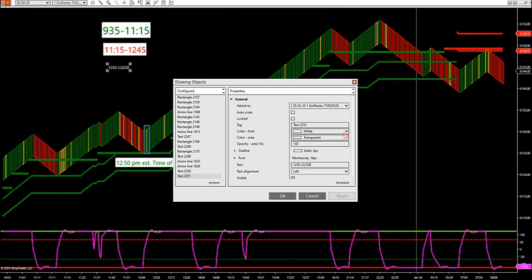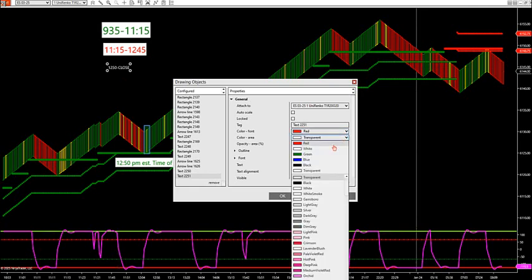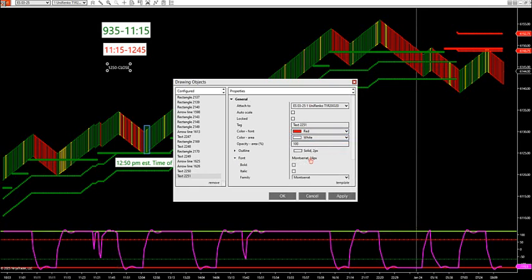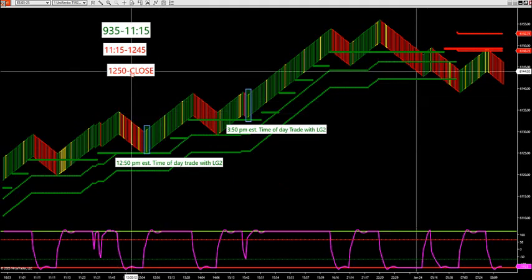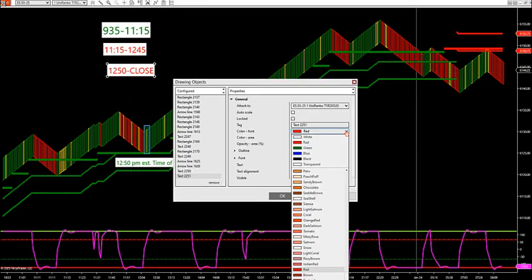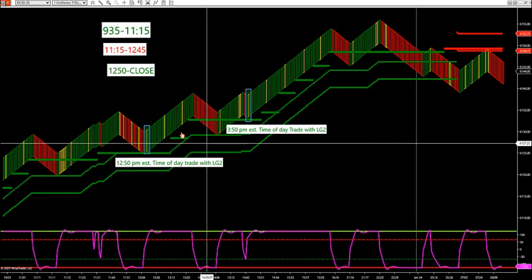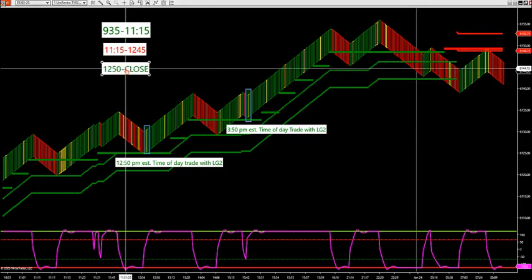Now, when I say the close, there's a specific time period where I teach traders the algorithms really like to push the market. It's called window dressing at the close. We'll put this in green. It's a great time to look for V bottoms and V tops.